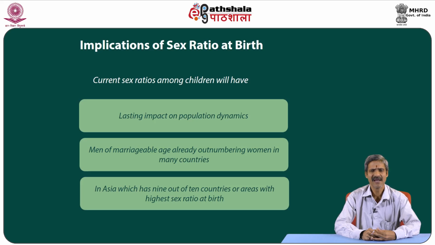For instance, in Asian countries, this is observed. In Asia, 9 out of 10 countries, or the areas within Asia with highest sex ratio at birth, are observed. In Asia, some of the areas have highest sex ratio at birth.